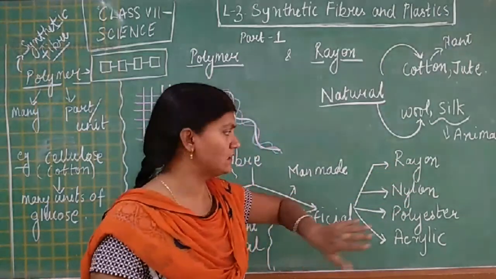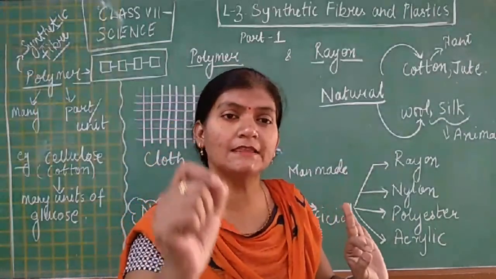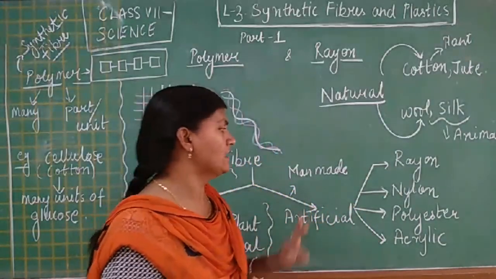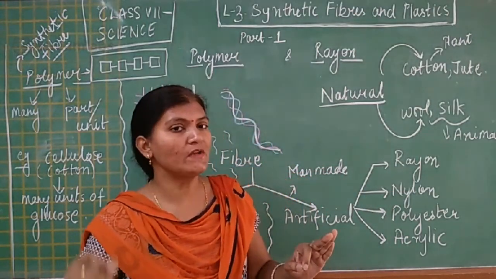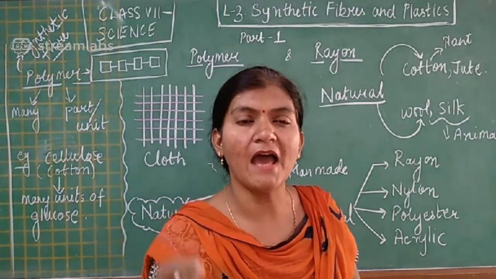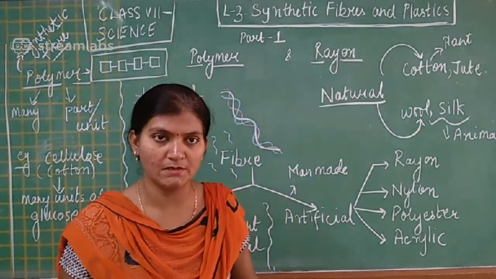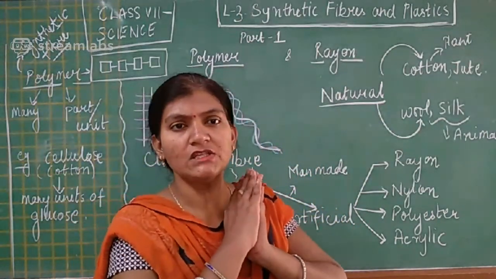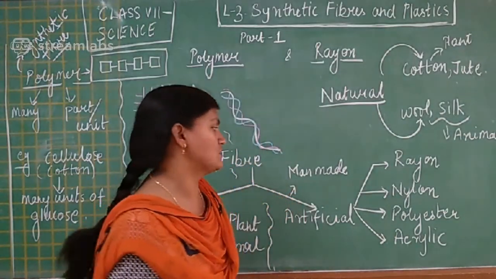Rayon we'll discuss later. Nylon is the first fully synthetic fiber, and it has high strength, because of which it is used in parachute ropes and the ropes for climbing mountains. Okay, students, and it has flexibility also.